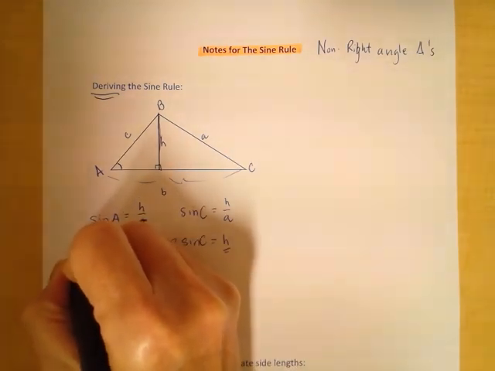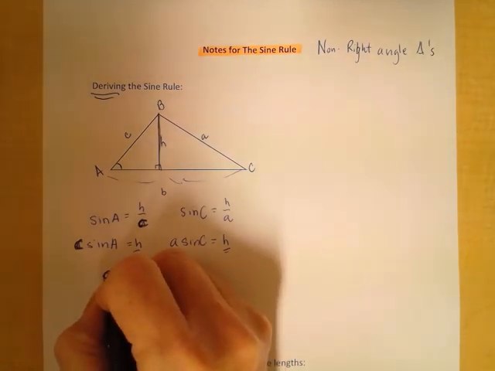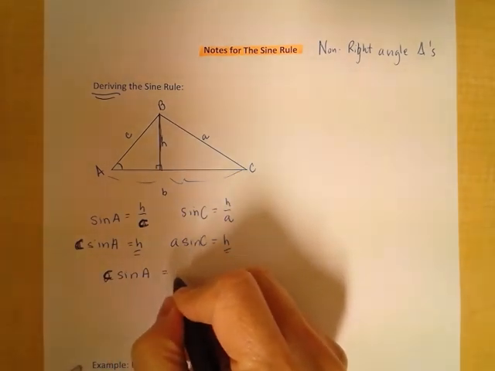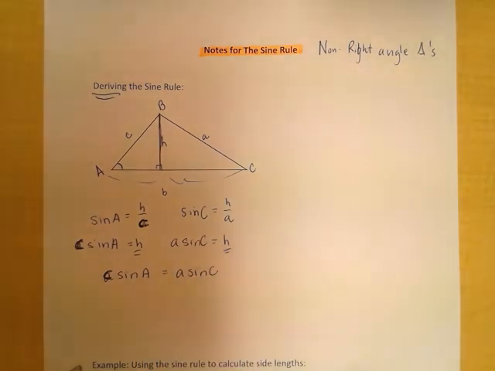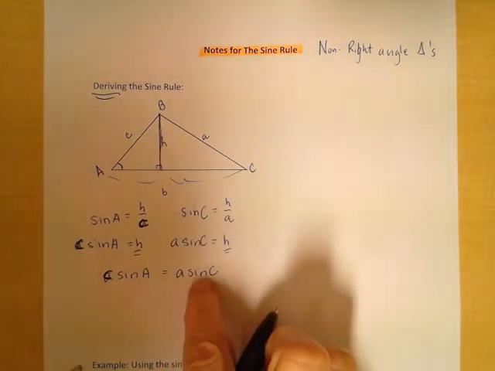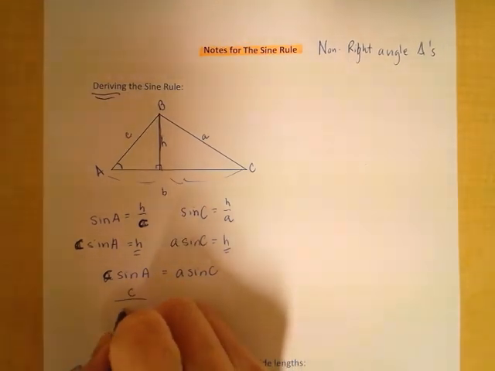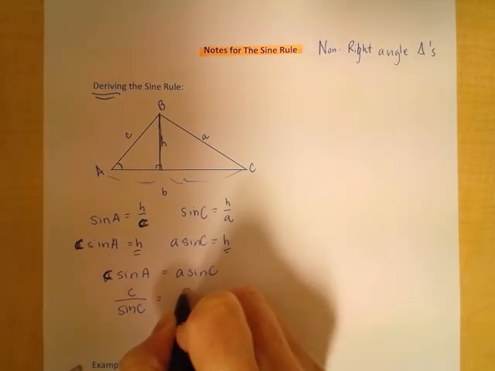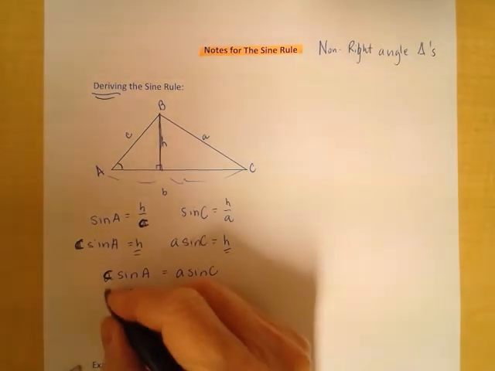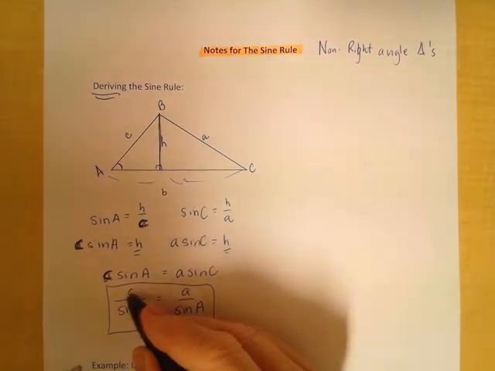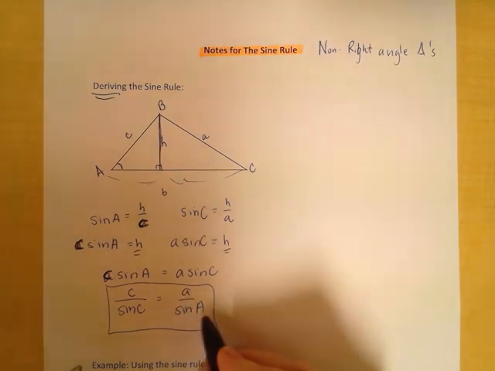I'm making mistakes like crazy, you wouldn't believe. c sine A equals a sine C. All right, now I'm going to just divide this by sine C and this by sine A so that I get c on sine C equals a on sine A. And this is this formula that I developed where I get the length of a side over its angle is equal to the length of a side over its angle.